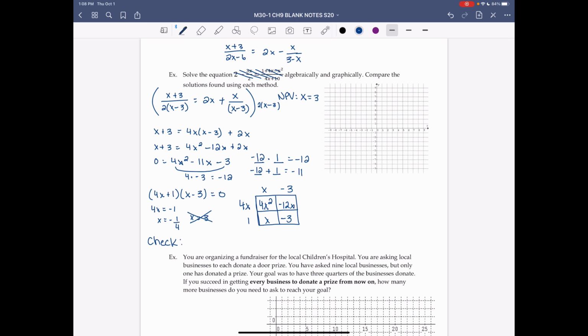We'll plug it into the function and see if the left side is equal to the right side. Negative 1 over 4 is negative 0.25 plus 3, over 2 times negative 0.25 minus 6, equals 2 times negative 0.25 minus negative 0.25 over 3 minus negative 0.25.